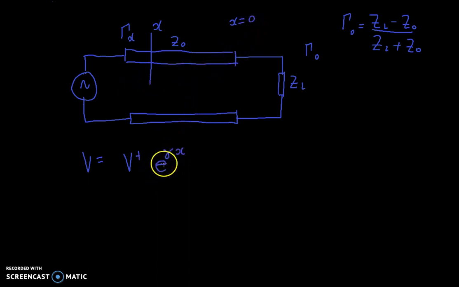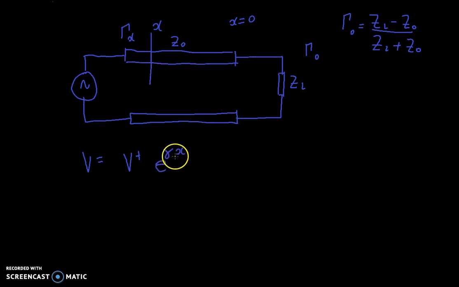Now let's think about this equation here. When x equals 0, which is this point here right at the load, the e to the x becomes e to the 0, which is just equal to 1. And so the result is just equal to V plus. So this V plus represents the voltage right at the load here. But it's not the total voltage at the load. It's just the value of the forward or the incident wave, the wave that is traveling from left to right.